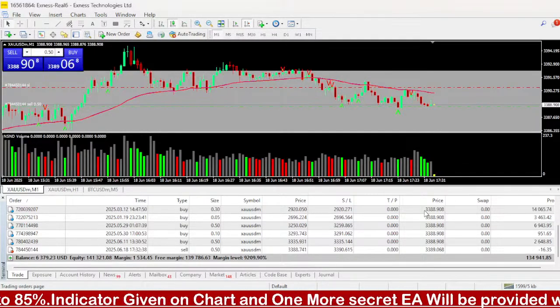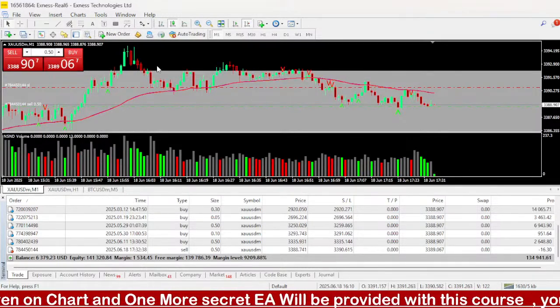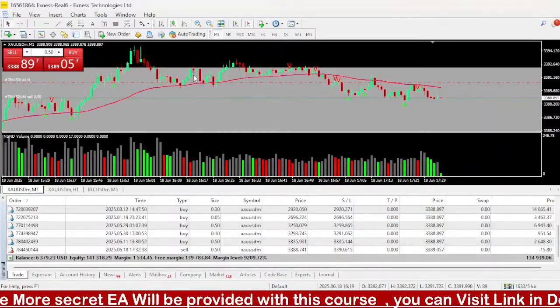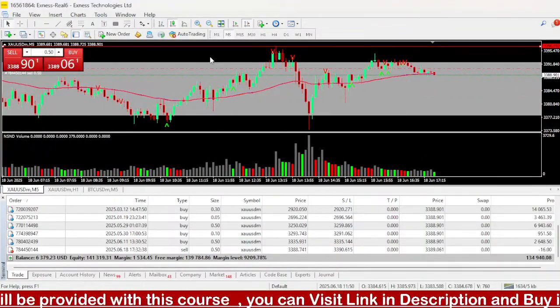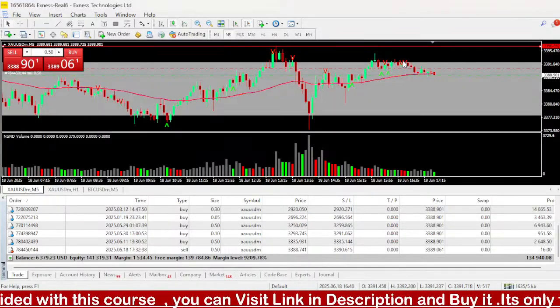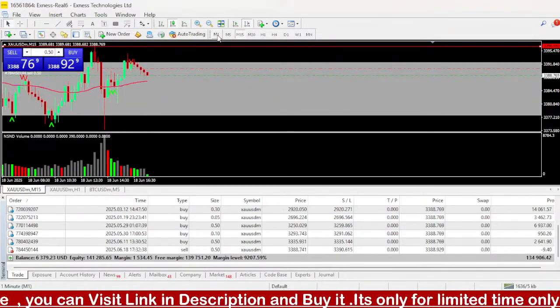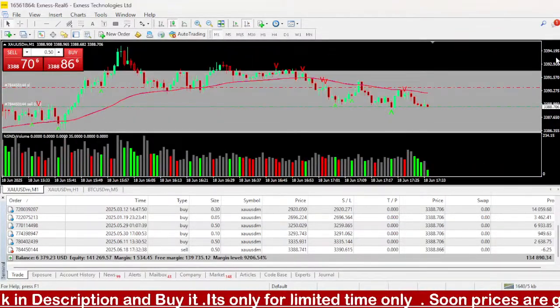Confirmations are not that much there because of course we are doing it very aggressively. So these no demands are enough for this trade to be valid.